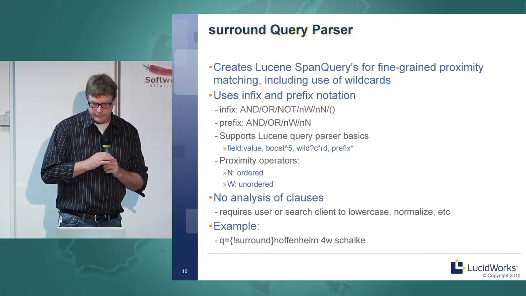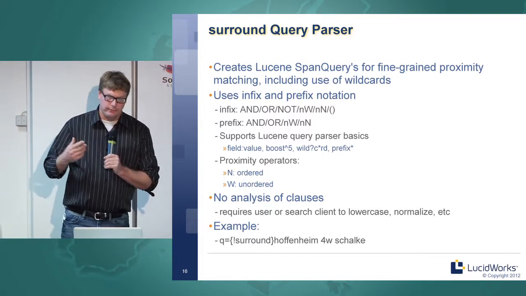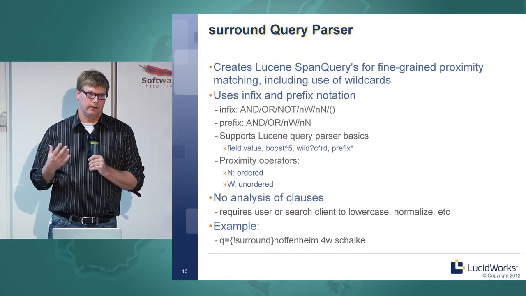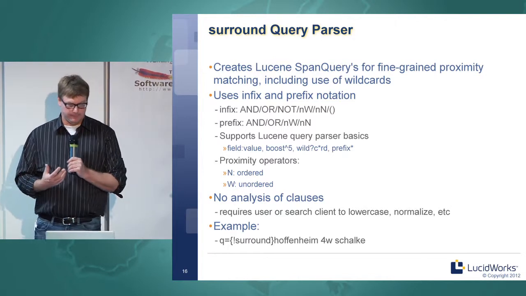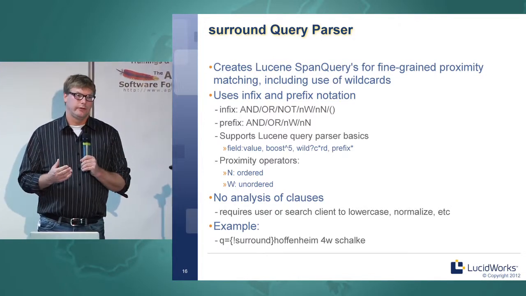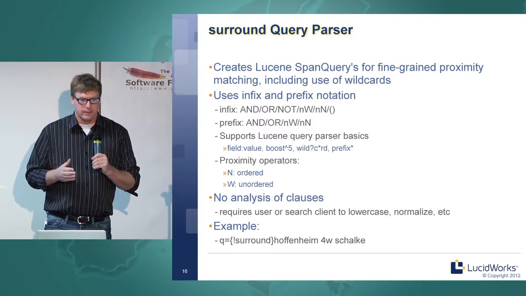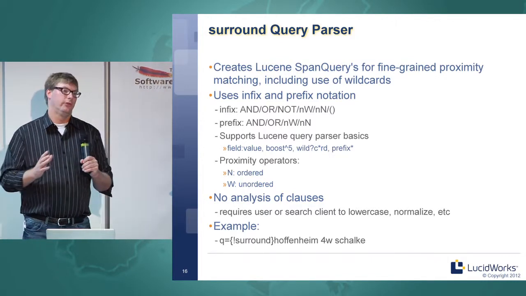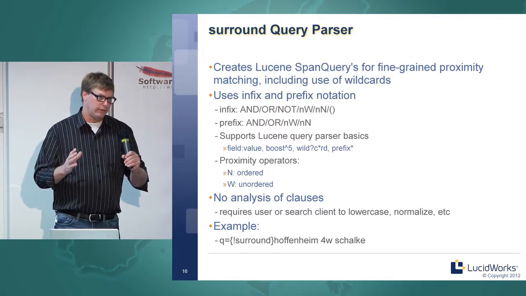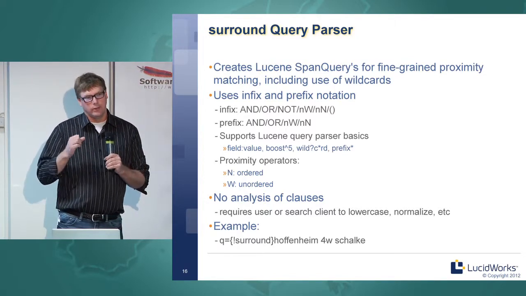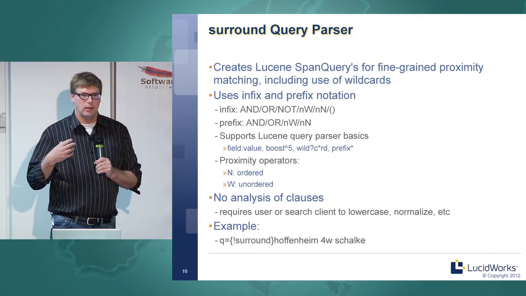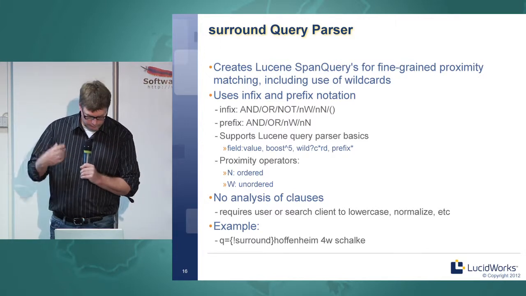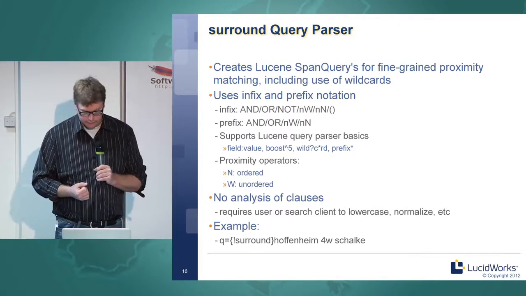This one is an interesting one. It generates what's called span queries in Lucene's API. These span queries allow you to do very minute matching of positional things that are within a certain distance, either ordered or unordered, and you can combine that with wildcards. I don't think you can do regular expressions in here yet.